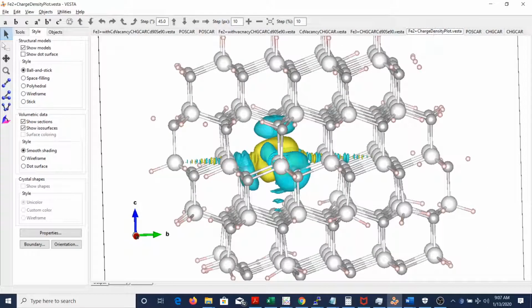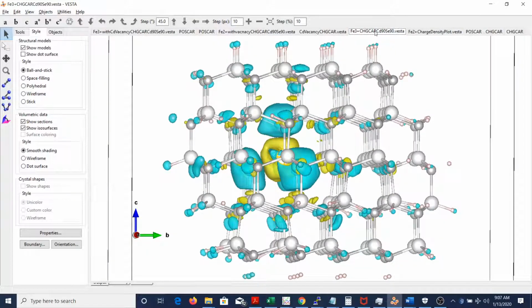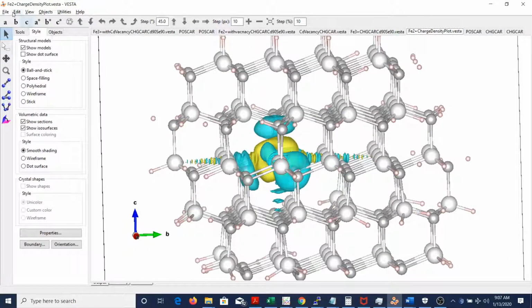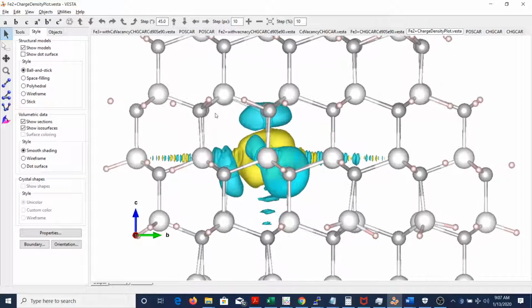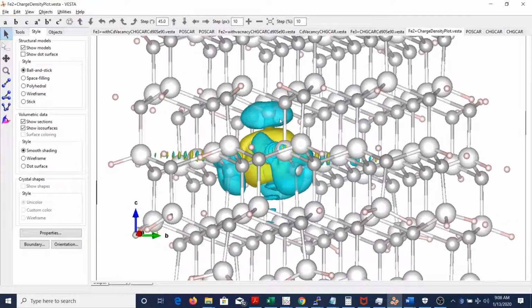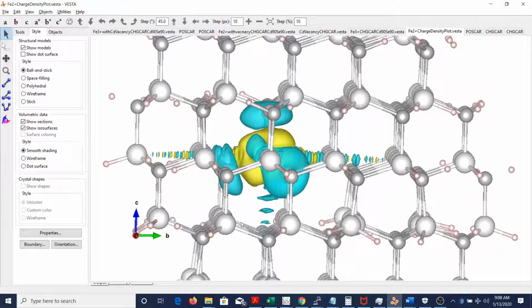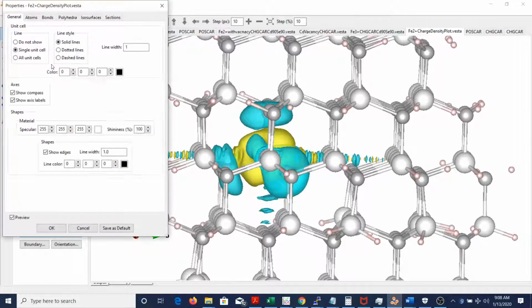While in the case of Fe2+, or the neutral structure, it does not go all the way out to the extreme. Then we look at the blue regions, where the charge is decreased, which are the selenium atoms around it. Unlike the Fe3+ or charged case, we see that this is actually very small. There's not much of a change. Then we look at just the surrounding of the iron, right here, where we have an increase in the charge.